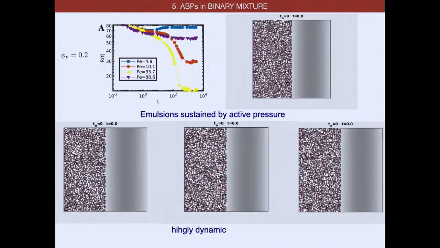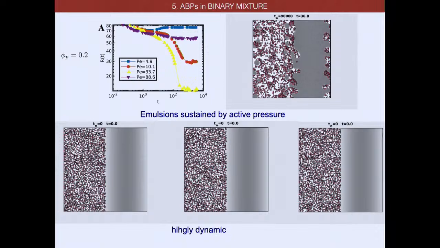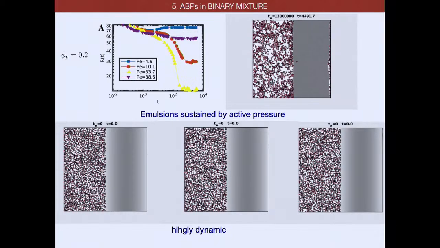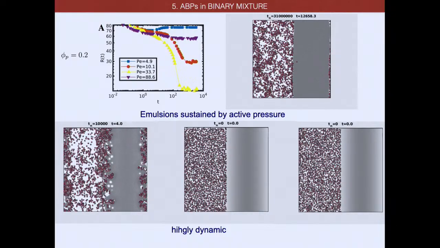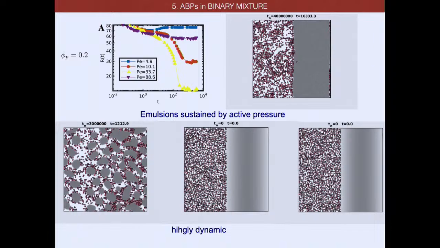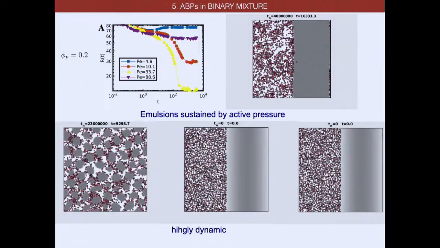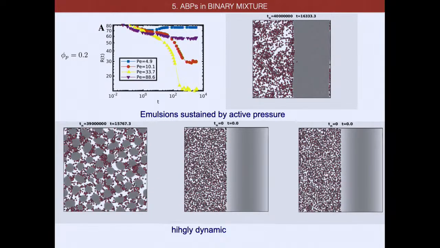But maybe it's clearer if I show you a few movies. So this is low Peclet, and you see that basically the domains stay separated. When we go to these intermediate cases, activity is able to break up the gray phase into an emulsion, where domains have a relatively well-defined size.